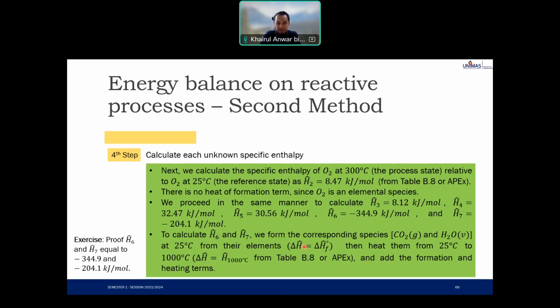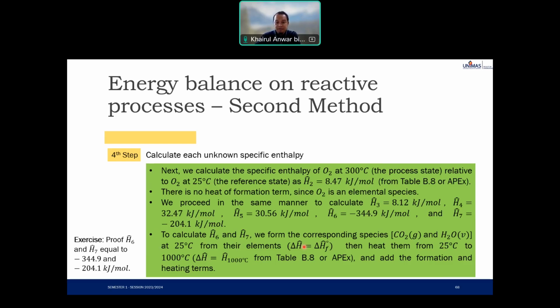To calculate H6 and H7, we form the corresponding species CO2 and H2O vapor at 25 degrees C from their elements, delta HF, then heat them up from 25 to 1000 degrees C. Delta H equals H at 1000 from table B8, plus the formation and heating term.